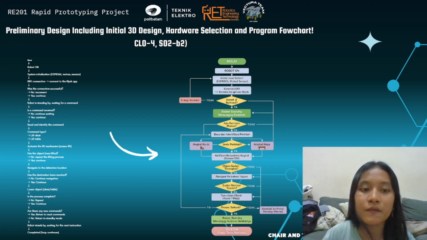After receiving a command, it identifies the object, lifts it using the scissor lift, moves to the destination, places the object down, and returns to standby mode, ready for the next command.